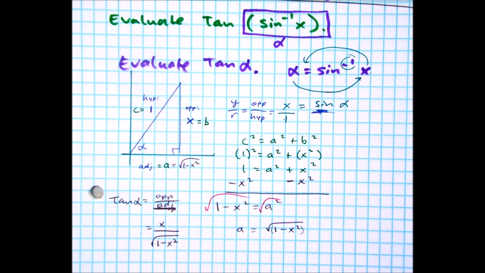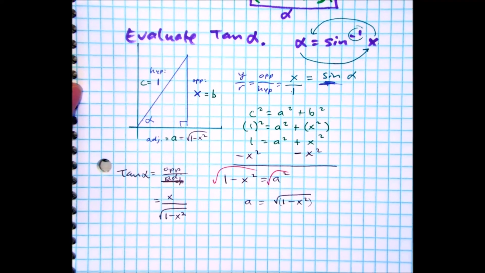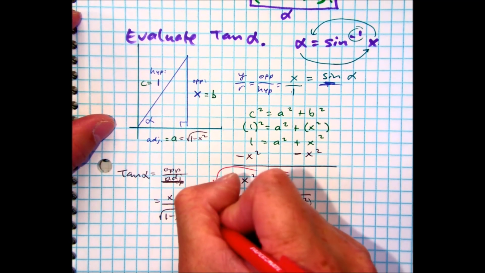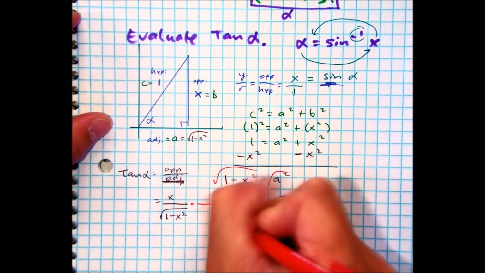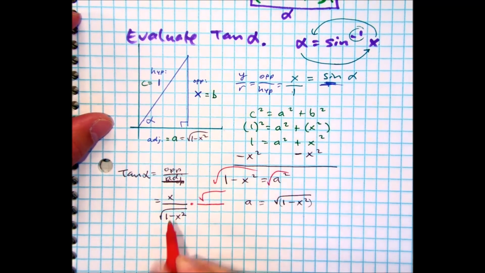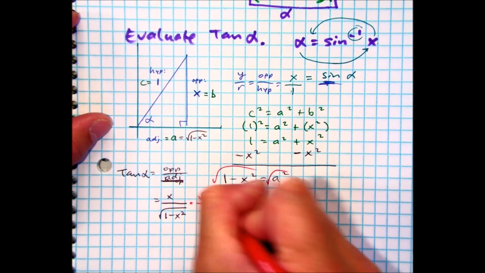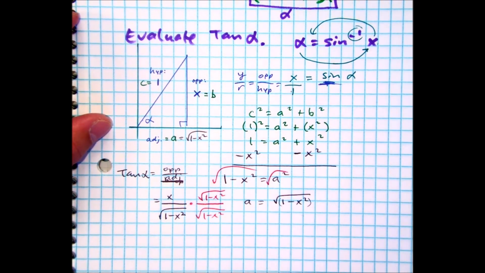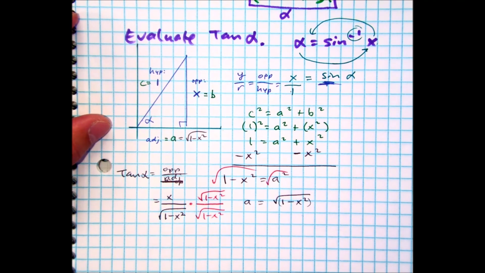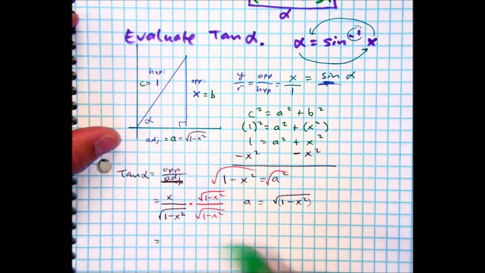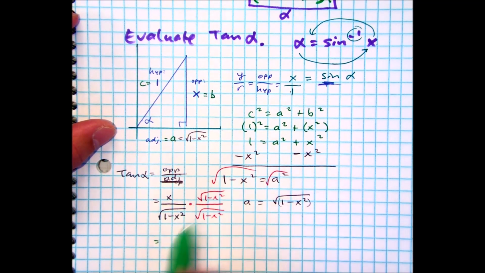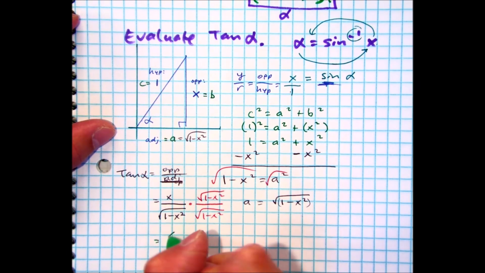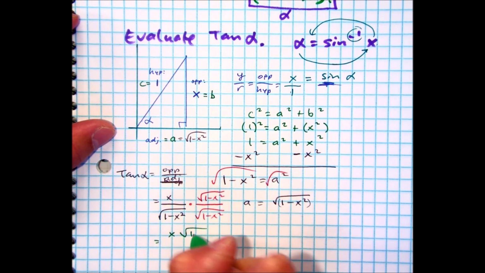Oh no! I got a radical in the denominator. What do you do? Multiply that as a number. Just multiply by that. Take all of it, multiply by it. So in the numerator, you're going to have x times the square root of 1 minus x squared.